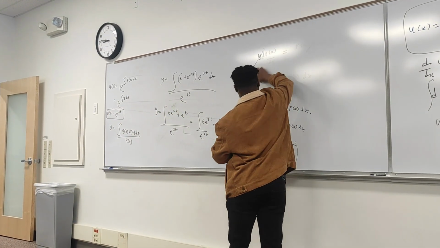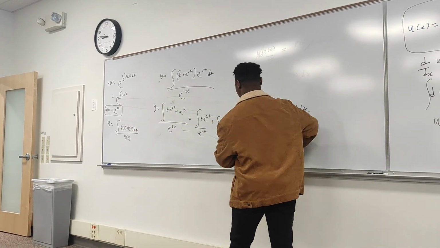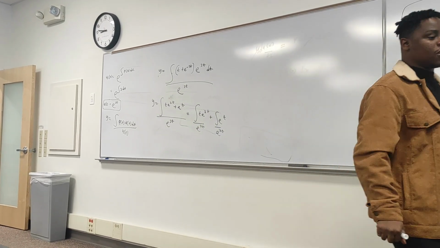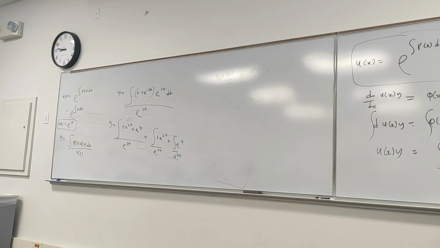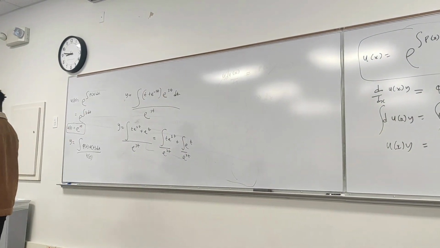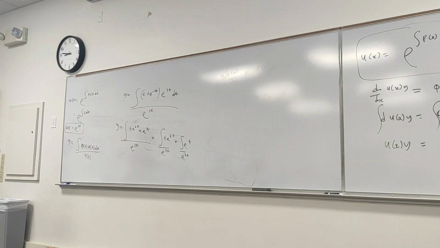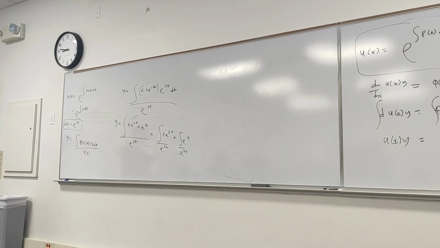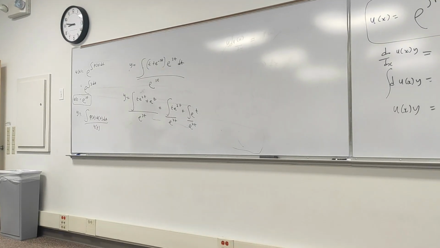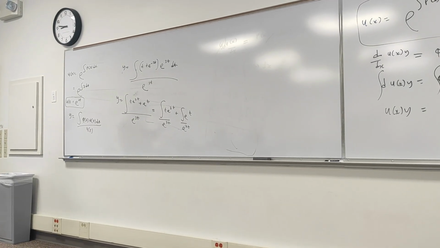Look for the one that has x exponential nx or something. There are several ways you can do that. You all have this table, right? Look for the one that has exponential. Integral of exponential is what you want to look for. If you find it, let me know.